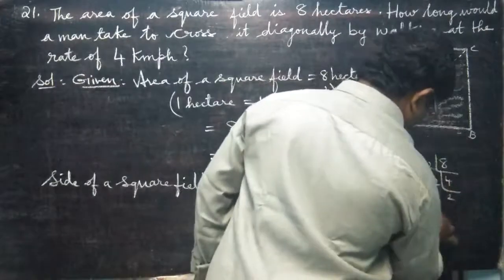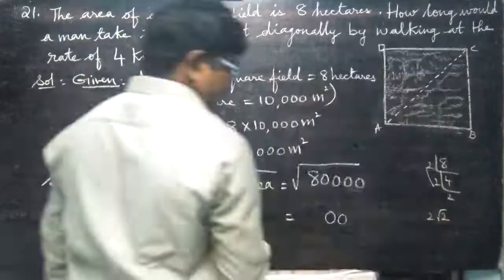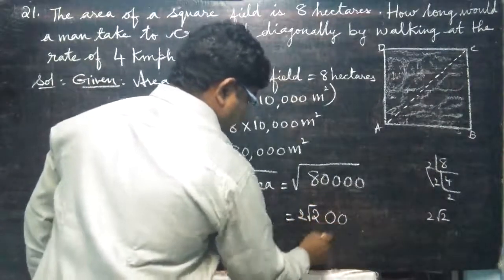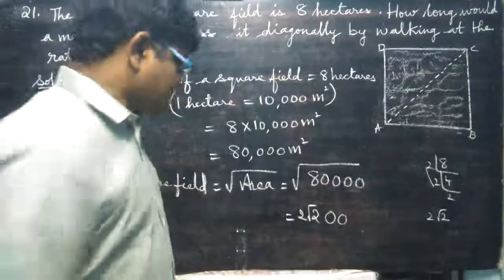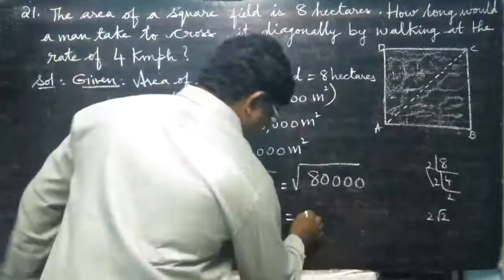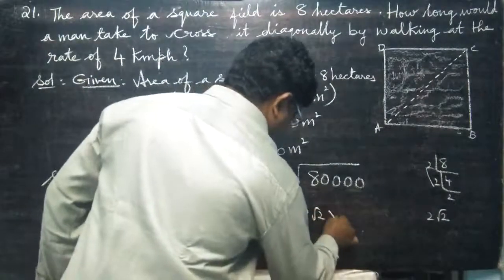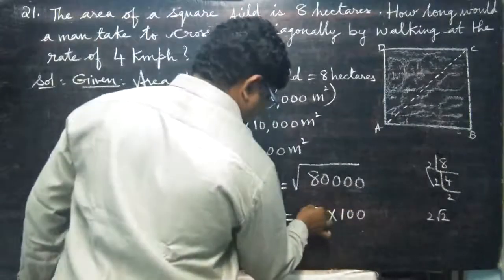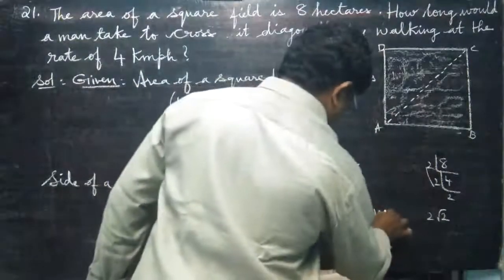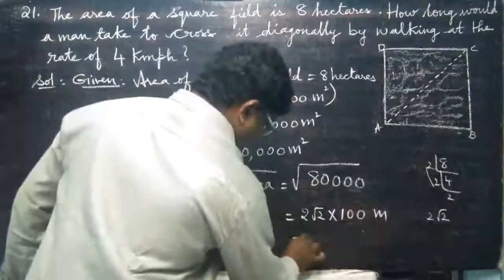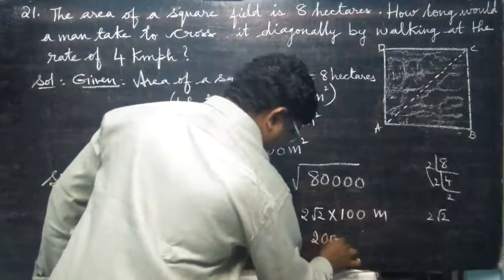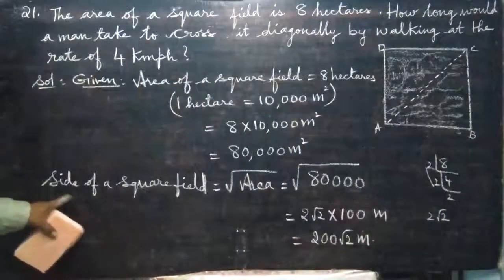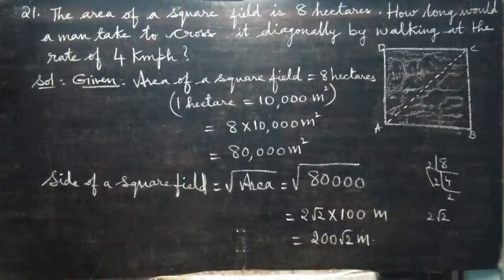So for 2 2's, one 2 you write, and one more 2 will be in root only. So 2 root 2 into 100, because 2 zeros. Write clearly. This is meters, 200 root 2 meters. What is this one? Side of a square field. Side we got now.